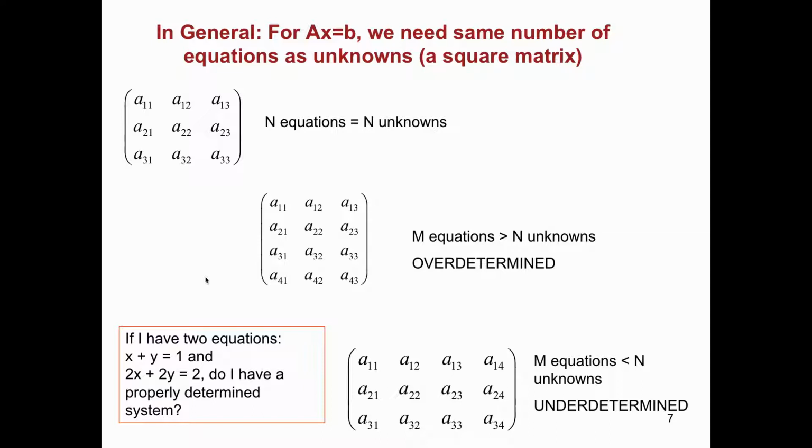Does that equation give me any new information? 2 equals 2. No. So what happens here is that it appears I have two equations, but they're so-called linearly dependent. This one is just 2 times the first one, so it doesn't give me a new constraint. Therefore, the only one I have is x plus y is equal to 1, so it's actually an underdetermined system.